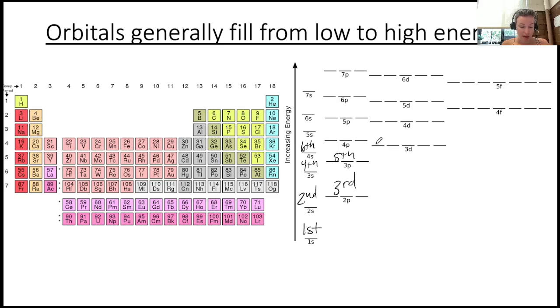That means that 3d is filled next, so 3d is seventh, and 4p then would be eighth. But you see here, I'm just following the rule of filling from the lowest energy. Up next, I'll give us maybe a bit more simple way to use the periodic table to determine how orbitals are filled.